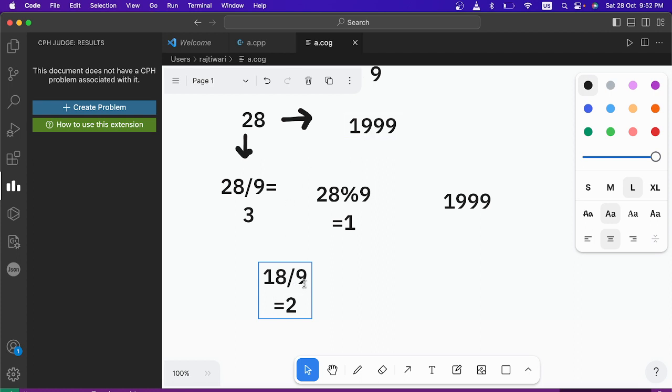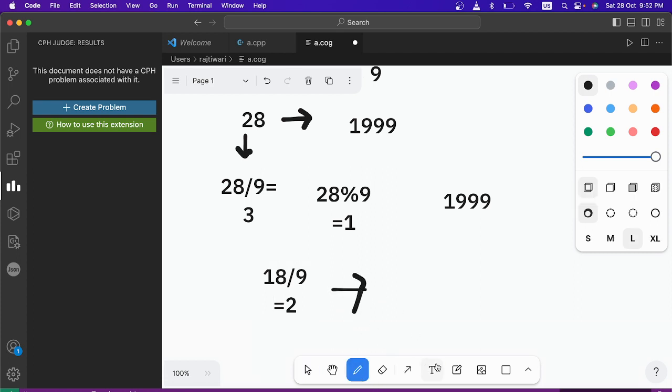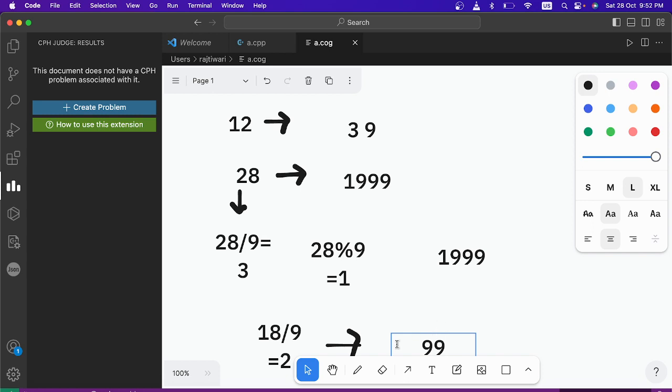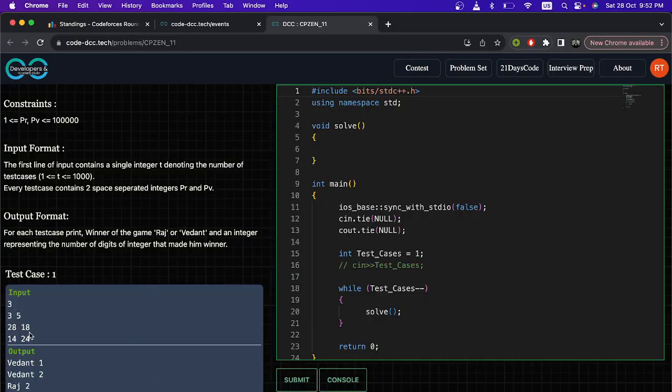And what would be the remainder? 0, so we don't have to take that. So the result for this would be two nines. Now see the length: the length of this one is 2 and this one is 4. Obviously the one with lesser length is more powerful. The second one was for Vedant, so he is the winner.